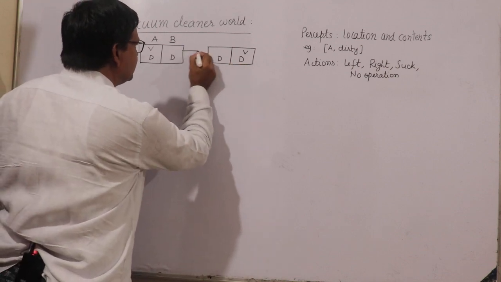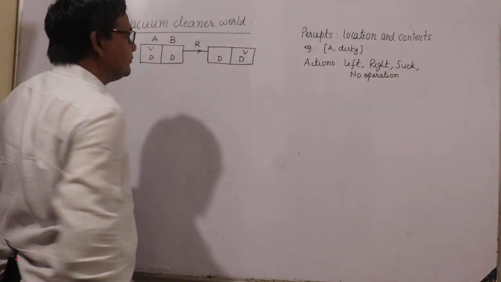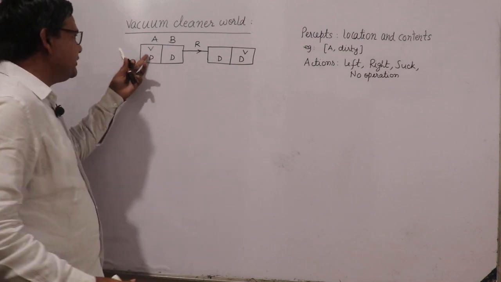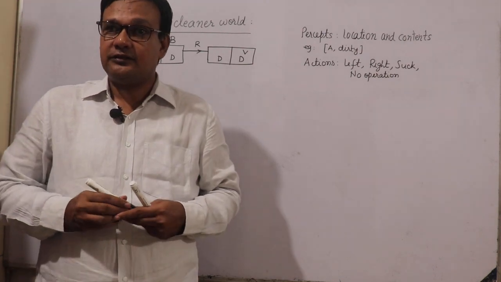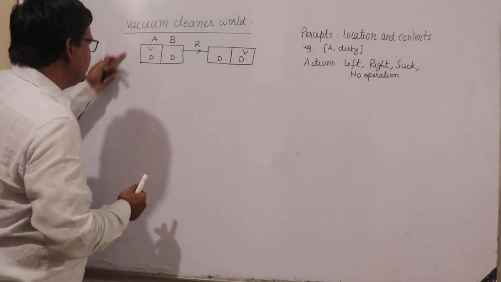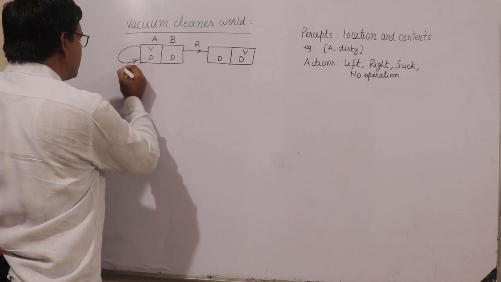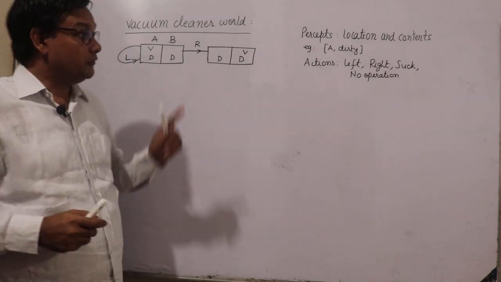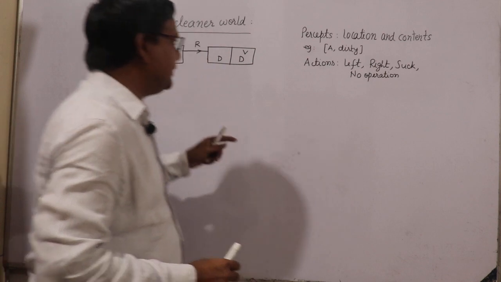So, if the vacuum cleaner moves in the right direction, this will be the scenario. If the vacuum cleaner moves in the left direction, and A is the leftmost room, it will be in room A only. One more action is remaining here, suck.